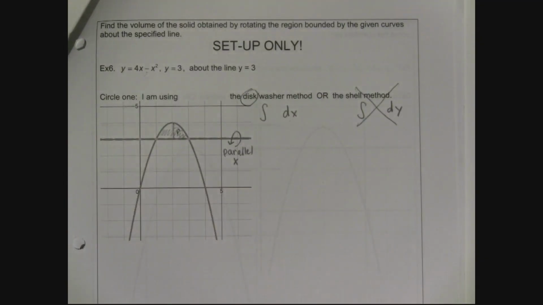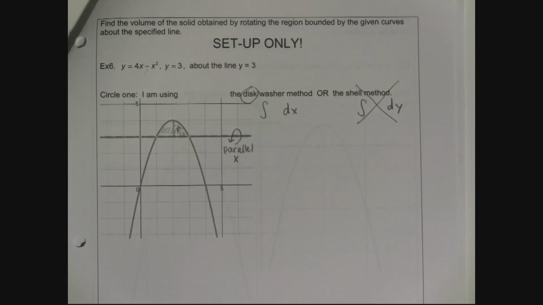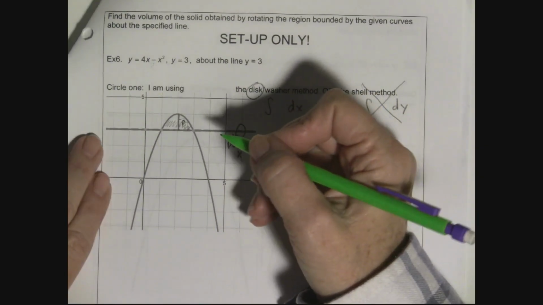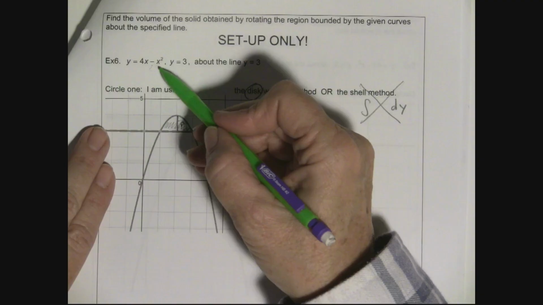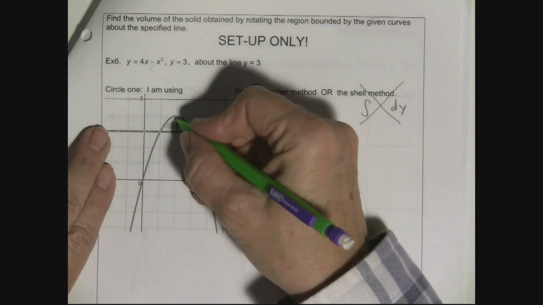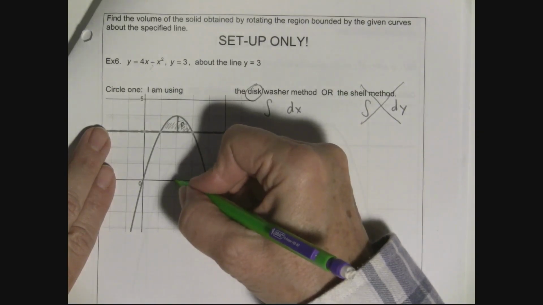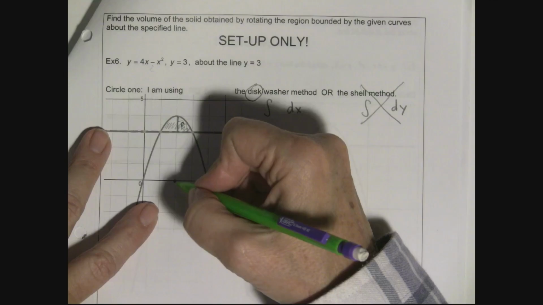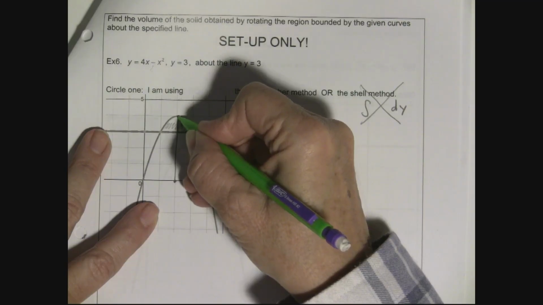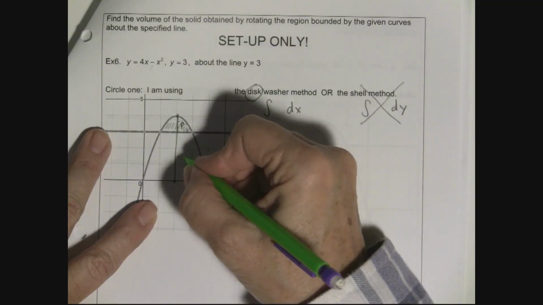And so I'm having to put some things together here, because what y is, which was 4x minus x squared, that's from the x-axis all the way to the top right here. So this distance right here, all the way to there, is what y is equal to.